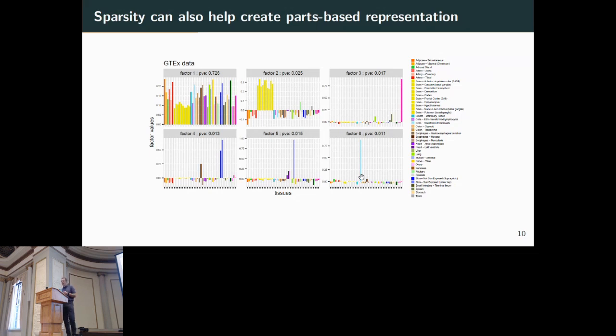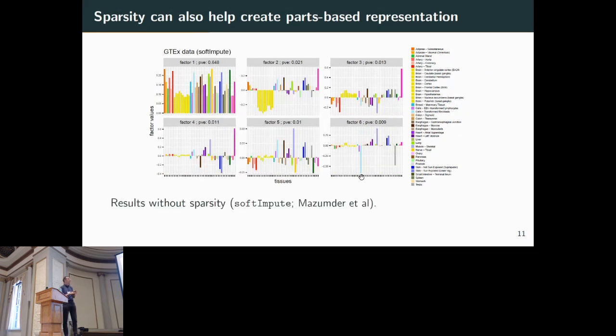Just to contrast that, this is what you get if you do something closer to PCA. It's not quite PCA, it's this software, soft impute, but essentially you can think of it as close to PCA and no sparsity assumption. And what you see is that the first component's very similar to our first component, so it's kind of interpretable.